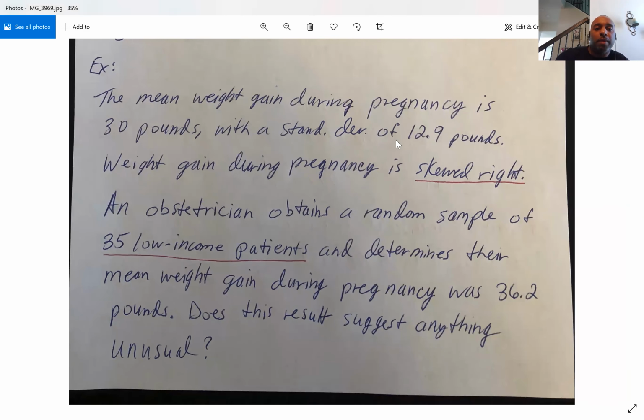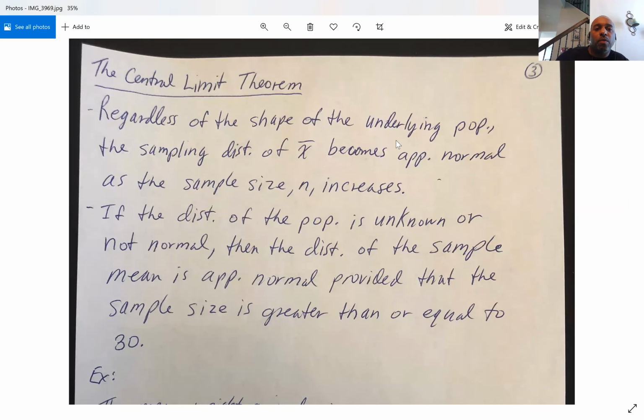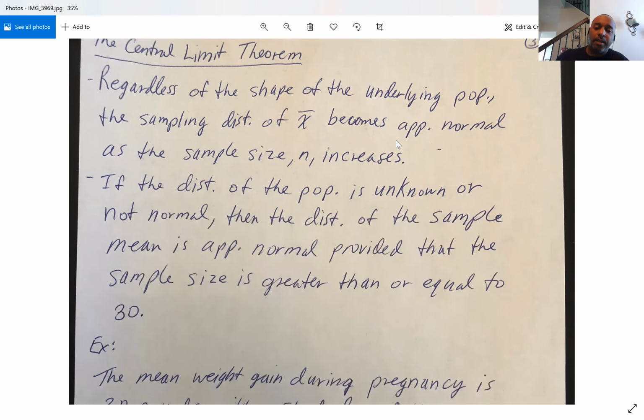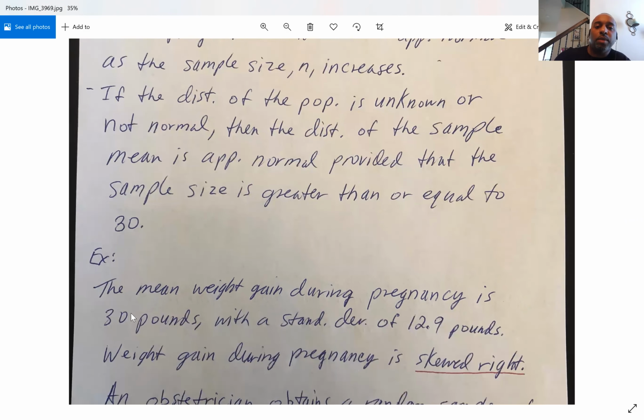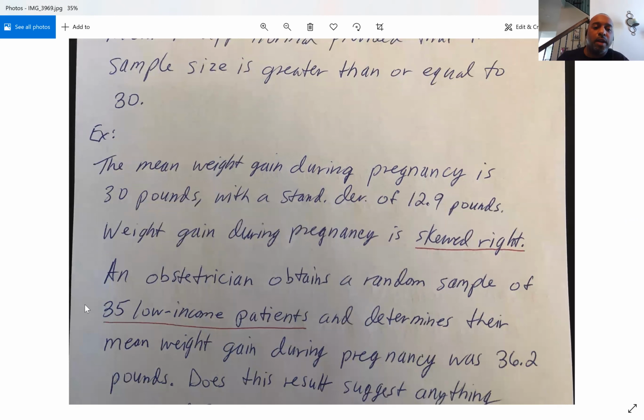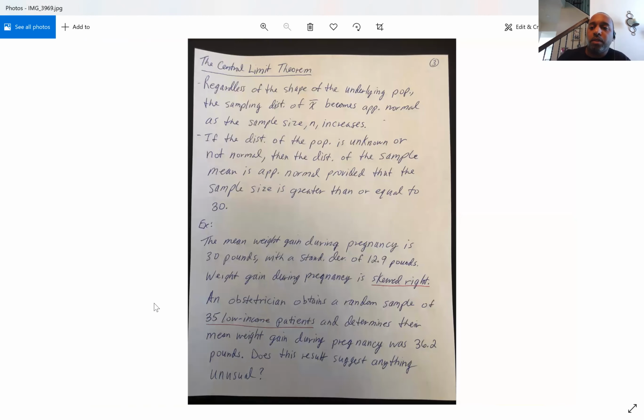Now, this goes back to what we were just saying, wherein the central limit theorem says that even if our population is not normally distributed, like in this case, it's skewed right, as long as we have a sample size greater than or equal to 30, then we can assume approximately that it'll be normally distributed. And that's what we have here. We have 35.